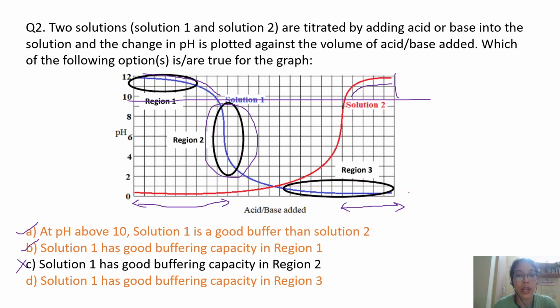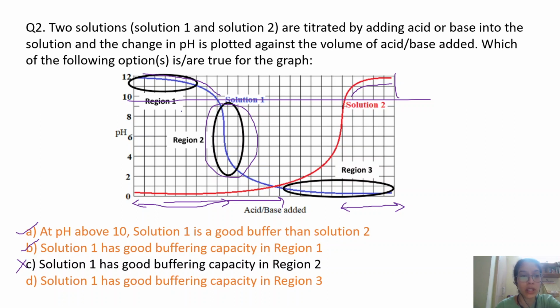Now the question arises, which is not stated here: solution 1, am I titrating with acid or with base? And what about solution 2, am I titrating it with acid or base? The answer will be very simple. For solution 1, as the amount is increasing, pH is reducing, right?